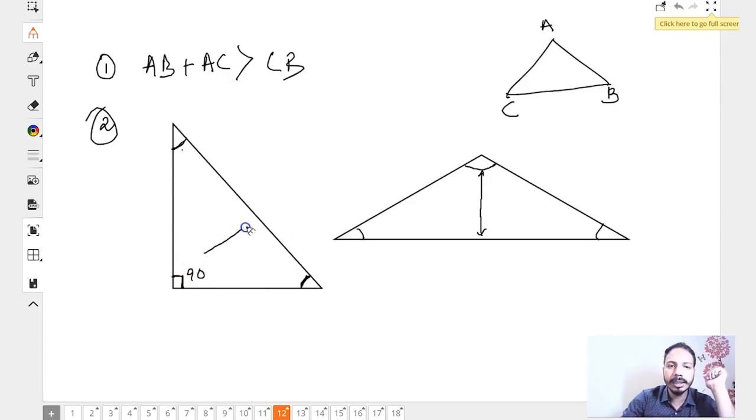Now you see the side which is opposite to this is the hypotenuse. Now this is also the longest side, right?